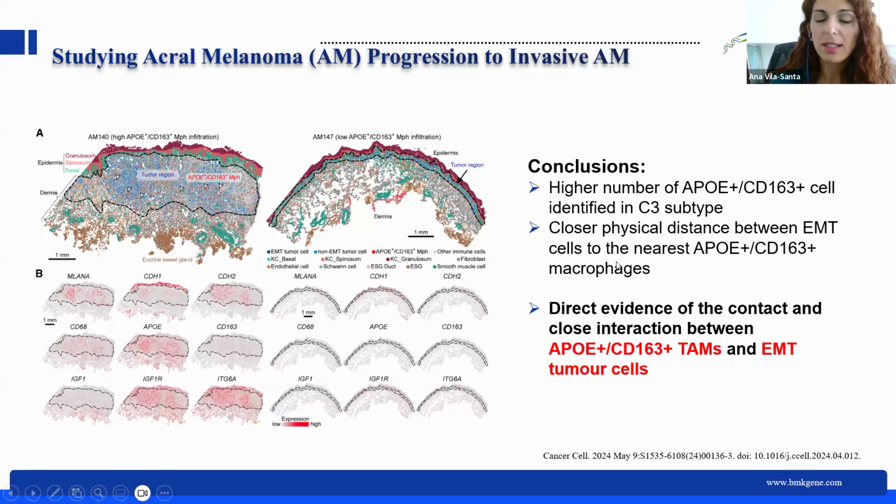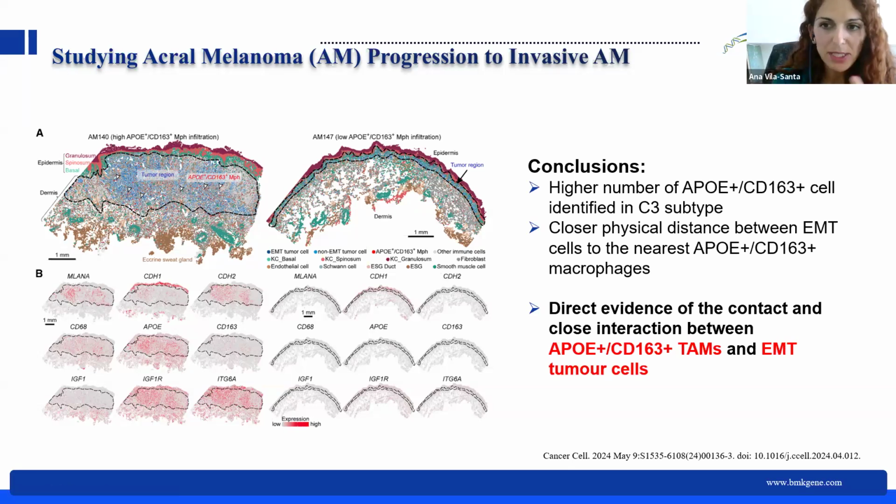And most importantly, they found that there is a closer physical distance between these ApoE macrophages and the tumor cells that have a high invasive potential, or the EMT tumor cells. So this direct evidence that the cells are physically close is very important to confirm that this may be a mechanism behind it.